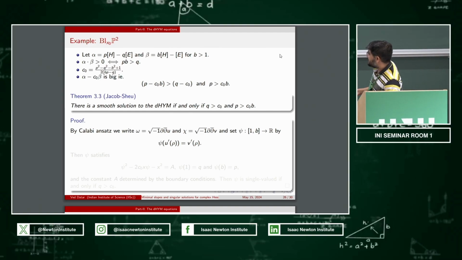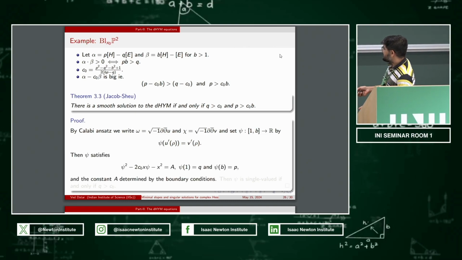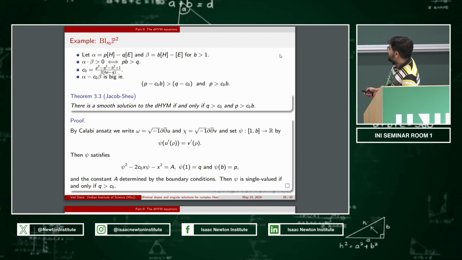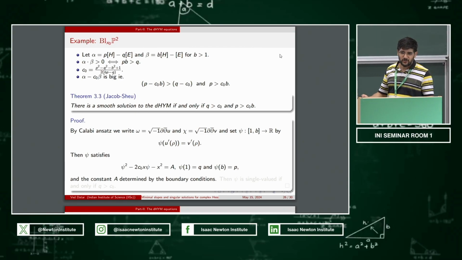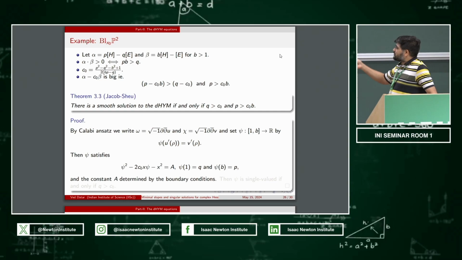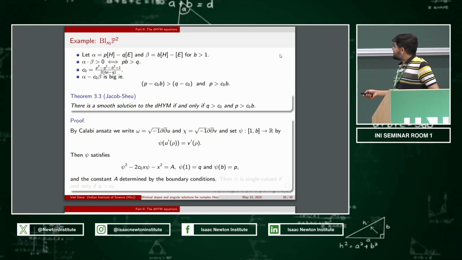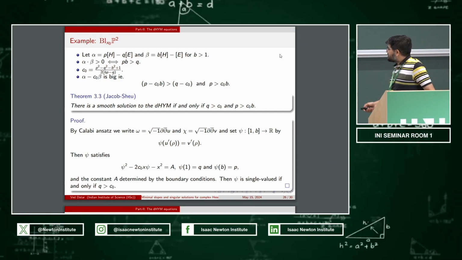And it turns out that the deformed Hermitian Yang-Mills equation is equivalent to psi lying on this level curve with certain boundary conditions. Of course, this is a quadratic equation, so one can explicitly solve it, and it will have two branches, and you want to decide when it's a single valued function. Then you have a smooth solution, and one can show easily that you have a single valued solution if and only if Q is bigger than C naught. Okay?